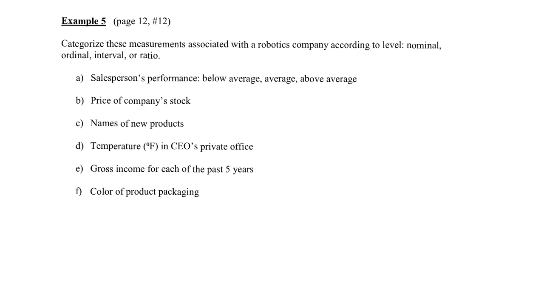So, part A, salesperson's performance. Below average, average, above average. Well, there is an order here, right? So it's definitely not nominal. It could be ordinal because there's an order. Also, the difference between below average and average isn't necessarily the same as the difference between average and above average.